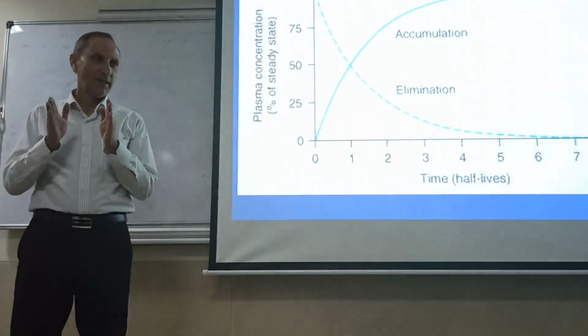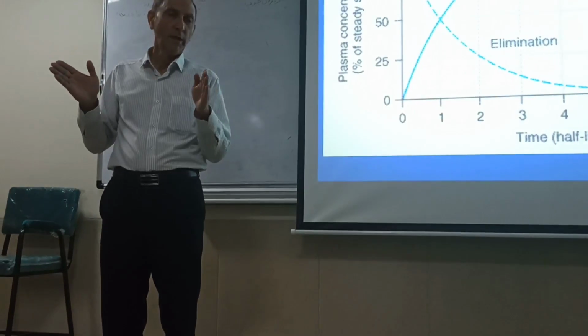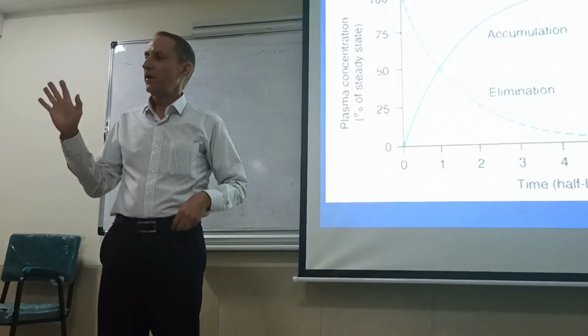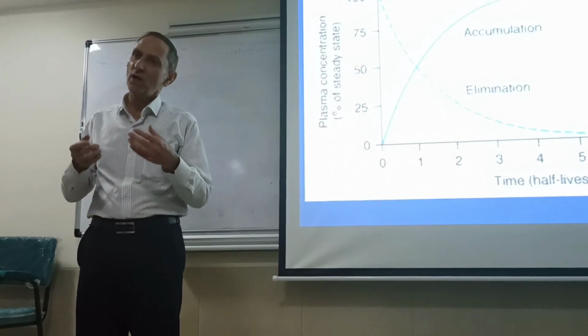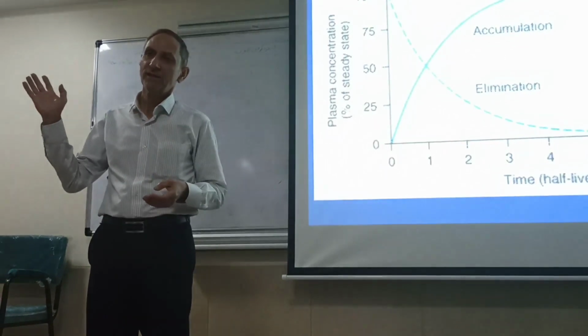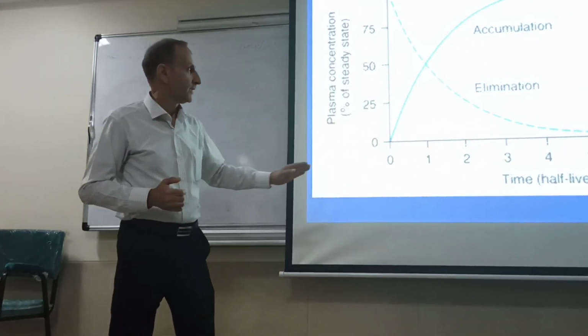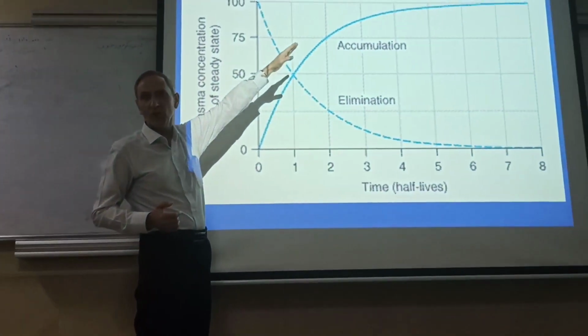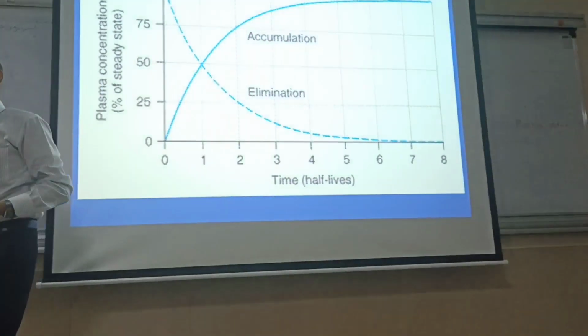So when we stop a drug after long-term use, it takes 5 half-lives to say that almost all the drug has been eliminated. This is when we start the drug, and this is for stopping.